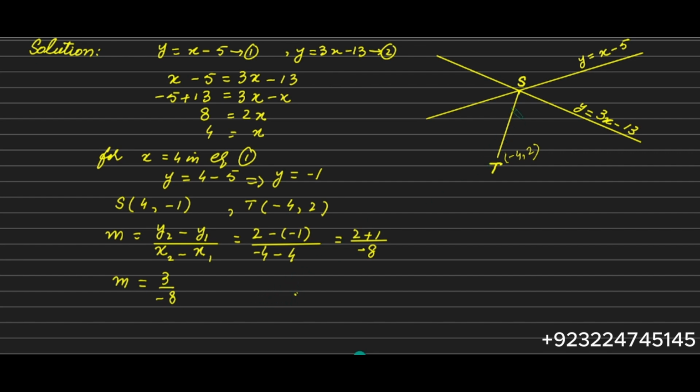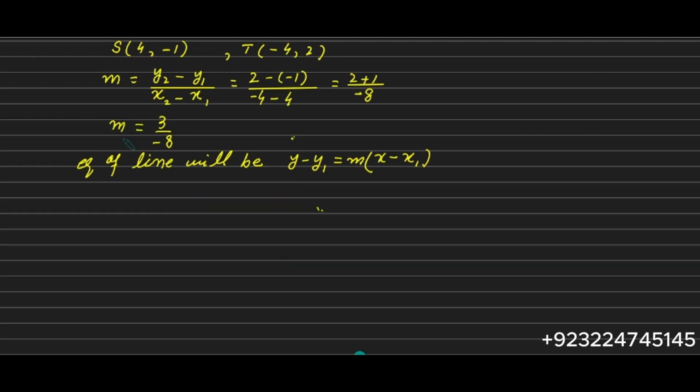Now we have to find the equation of the line. So the equation of line will be y minus y1 equal to m into x minus x1. Now we have gradient m equal to minus 3 by 8 and the point S we use, 4 and minus 1. We write y minus, here y1 is minus 1, and we write gradient minus 3 by 8 into x minus x1.